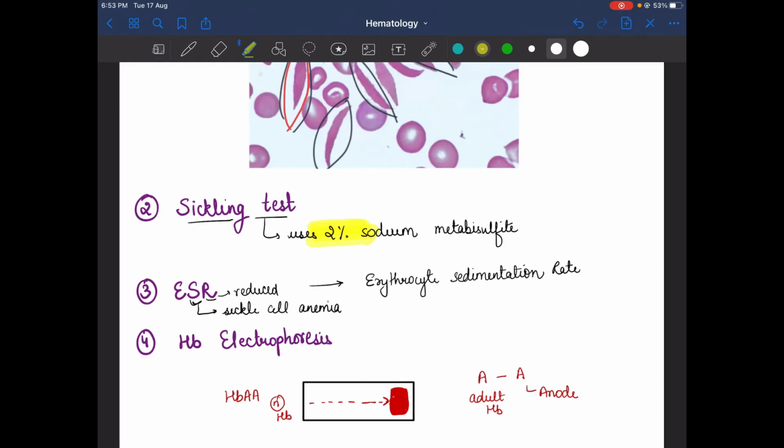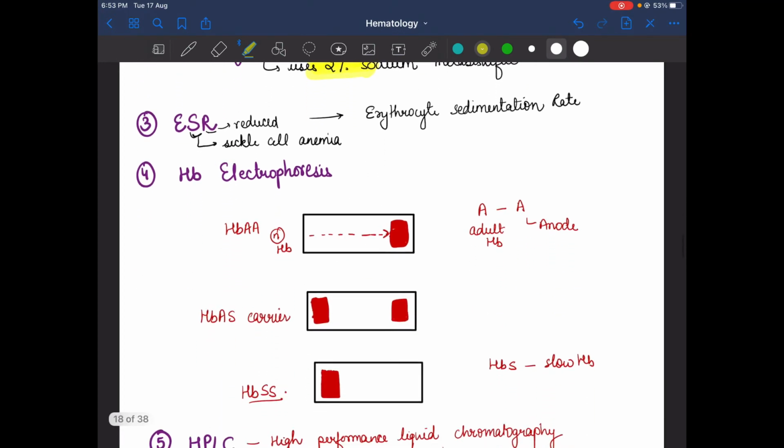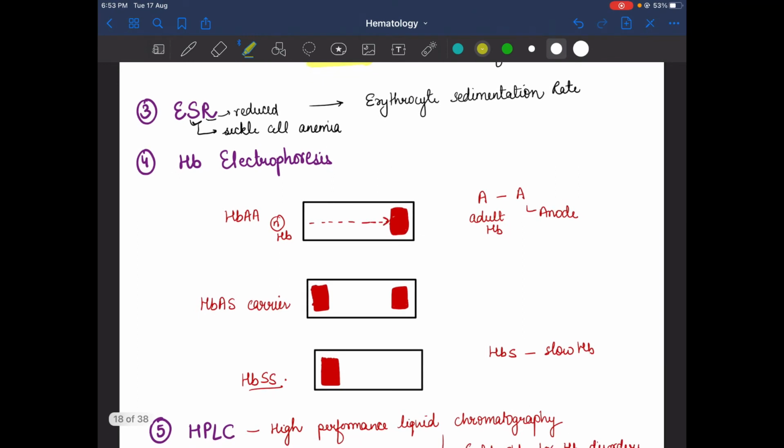The fourth one is hemoglobin electrophoresis. In hemoglobin electrophoresis, normal hemoglobin moves towards the anode, as A stands for adult hemoglobin. In the carrier, both HbA and HbS are present, meaning the adult one moves towards the anode and S does not move.